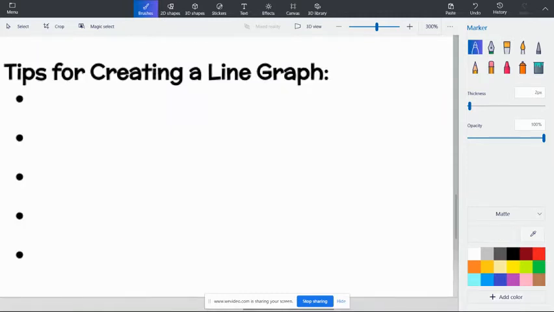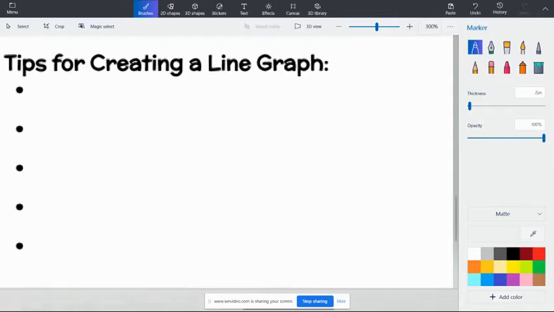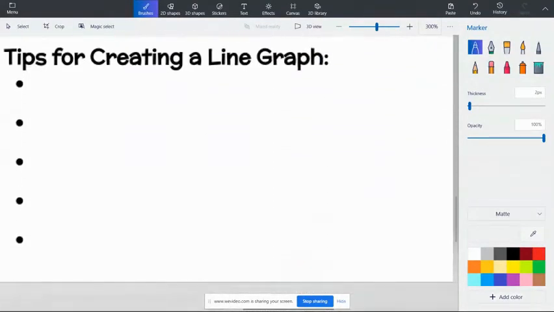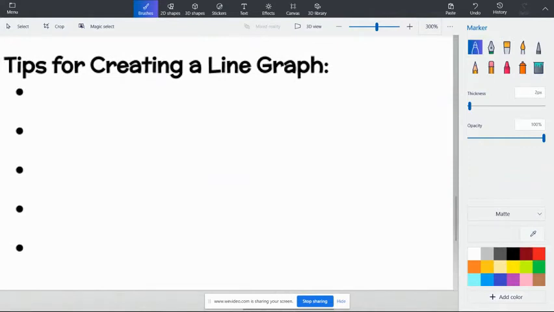The next thing we're going to look at is how to create a line graph. Okay, like a regular graph you might see on a lot of different media. How to create a line graph. We already represented this word problem through a function or an equation. That was what we just did right here, y equals 40 plus 10x. We're also going to get a visual line graph for this.